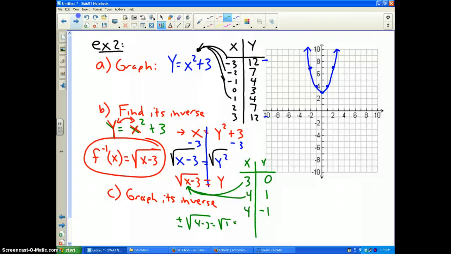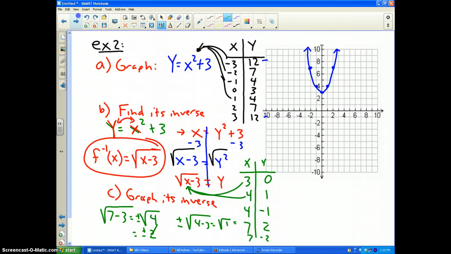Okay, well, now what's our next really good number? I think 7 is probably the next really good number we can put in there, because the square root of 7 minus 3 is the square root of 4, plus or minus, which is going to be plus or minus 2.